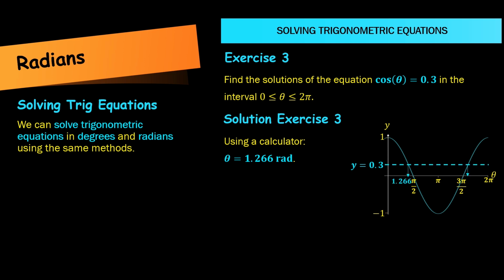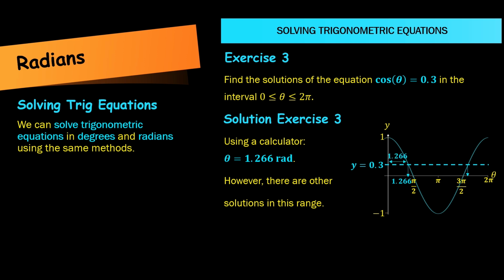So if we draw a line y equals 0.3 across the graph as shown, then we can find the solution theta equals 1.266, which takes cos theta to 0.3. As you can see, there's one other solution in this range.